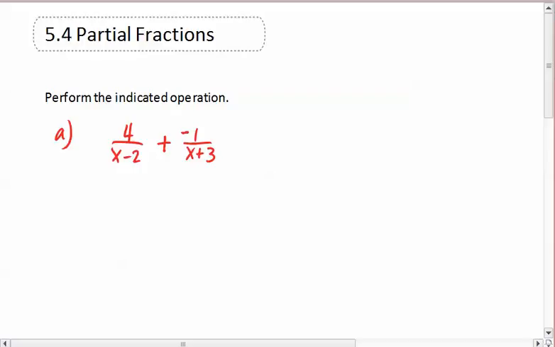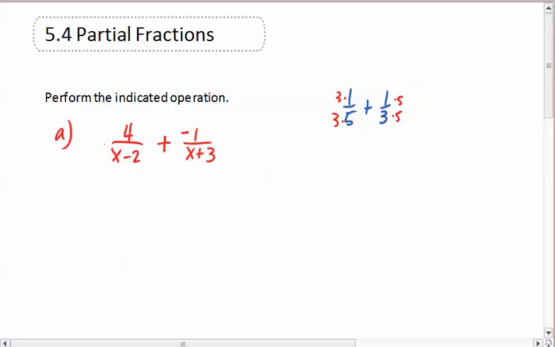So in order to add two rational expressions, we know that it's real similar to something like this. Back in middle school, when we had to add two fractions, we had to get a common denominator. So we would multiply both of those by 3 and both of these by 5, and that would get us our common denominator. But it's no different at all with rational expressions.